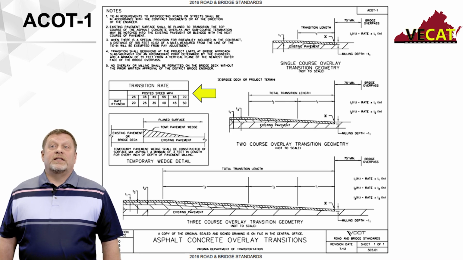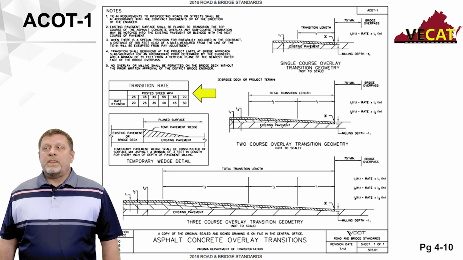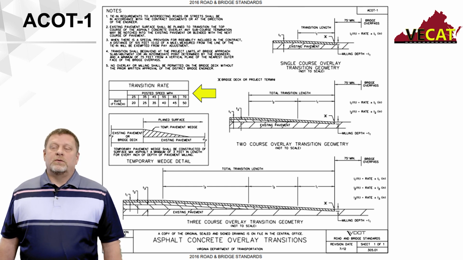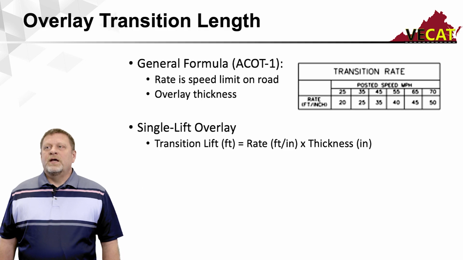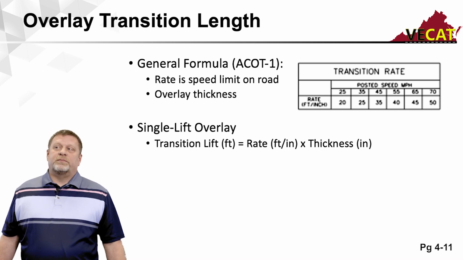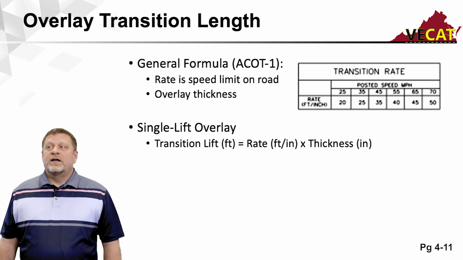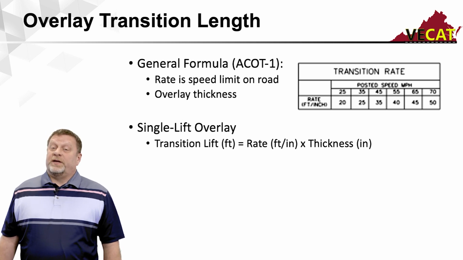Here on the next slide is a picture of ACOT-1, and on this whole form here, the main information we're after is this transition rate indicated with the yellow arrow. We're going to move forward with a couple example calculations, and you'll see how we apply this transition rate. The general formula for ACOT-1 is below here. And you can see now that we've blown up this transition rate big enough that you can see it, it basically references based on speed of the posted speed limit for the roadway.